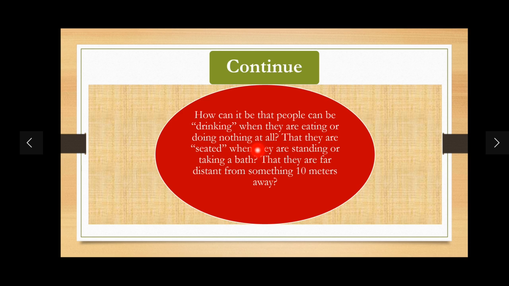How is it possible? This is question number one. Second, that they are seated when they are standing or taking a bath. Or when you take a bath or you stand and I say you're seated. How is it possible? So two questions are here. That they are far distant from something 10 meters away. Let's discuss these two or three questions.